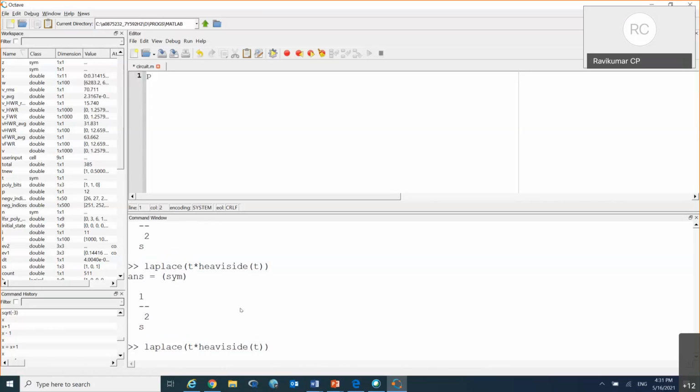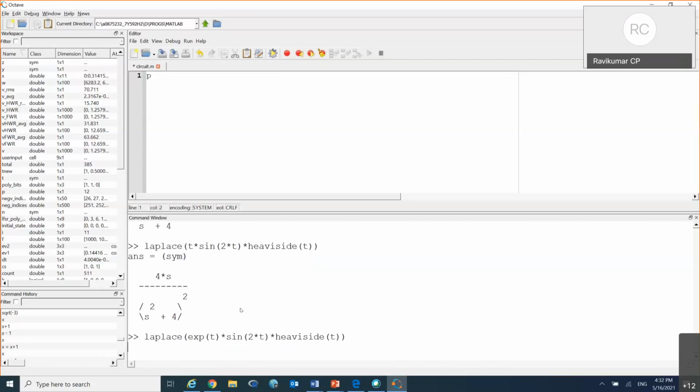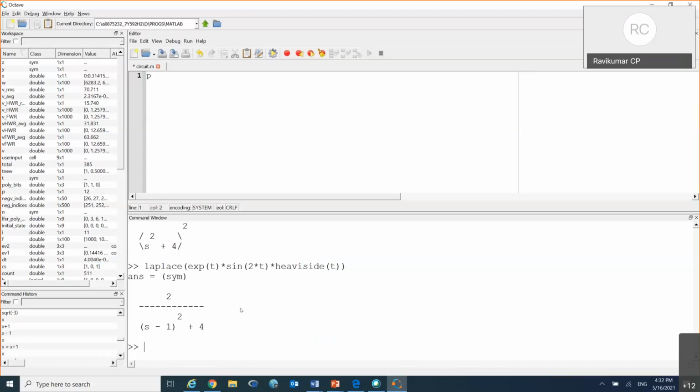Similarly, I can try sine 2t, or maybe t times sine 2t. So it's pretty handy, right? You can even write exponential t.